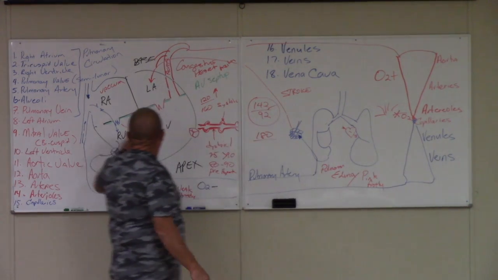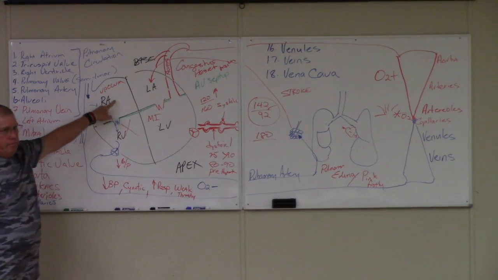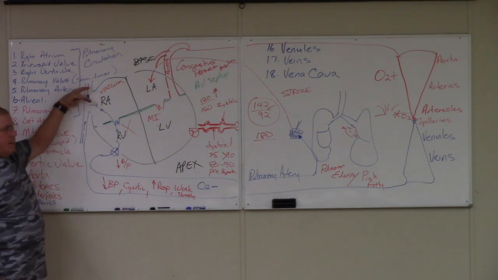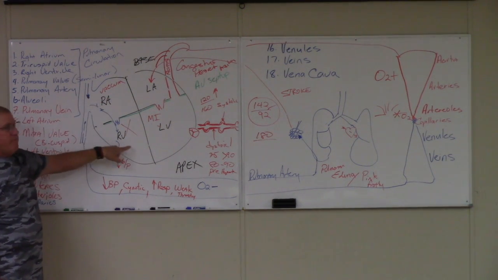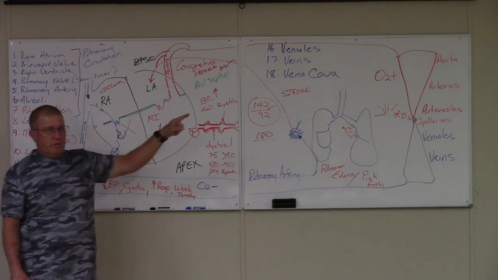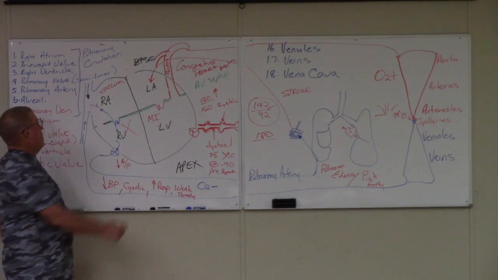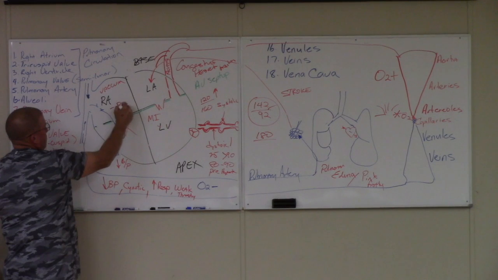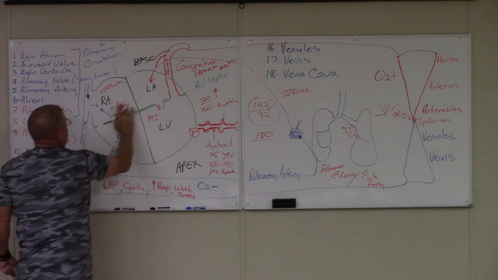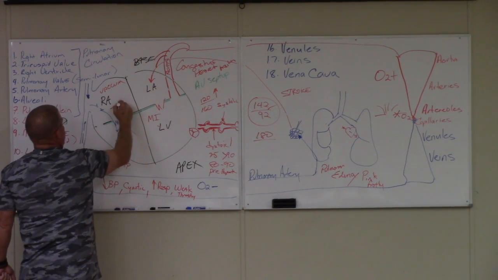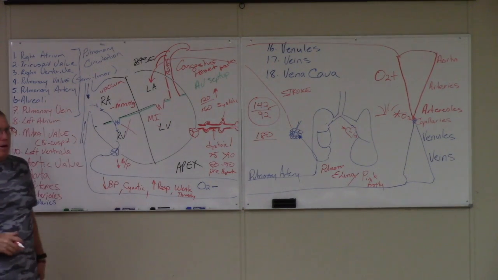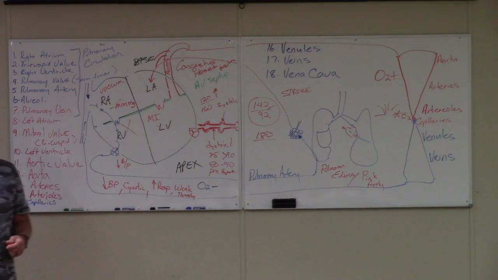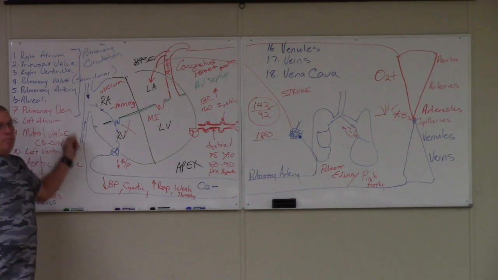As it gets here, the pumping action of the right atrium, because this is just oozing in, helps create pressure to here. The right ventricle actually has the pressure to the lungs. But you can actually get a negative pressure, in millimeters of mercury, which is what we measure pressures in arteries. It can be negative here to help pull the blood.